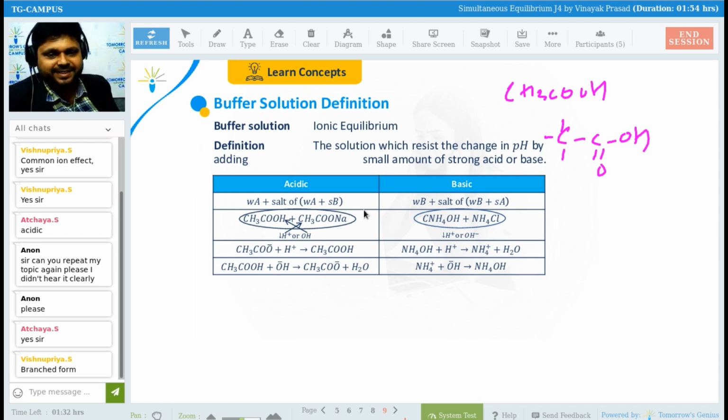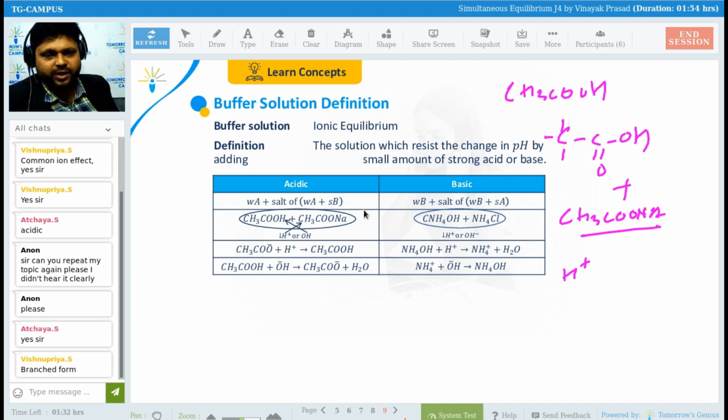So see, acetic acid is there. This is a weak acid, and the strong base that we are having is CH3COONa. Getting my point? So combining, what will they form? See here, H plus is there, right? This will give a very little amount of H plus ion.